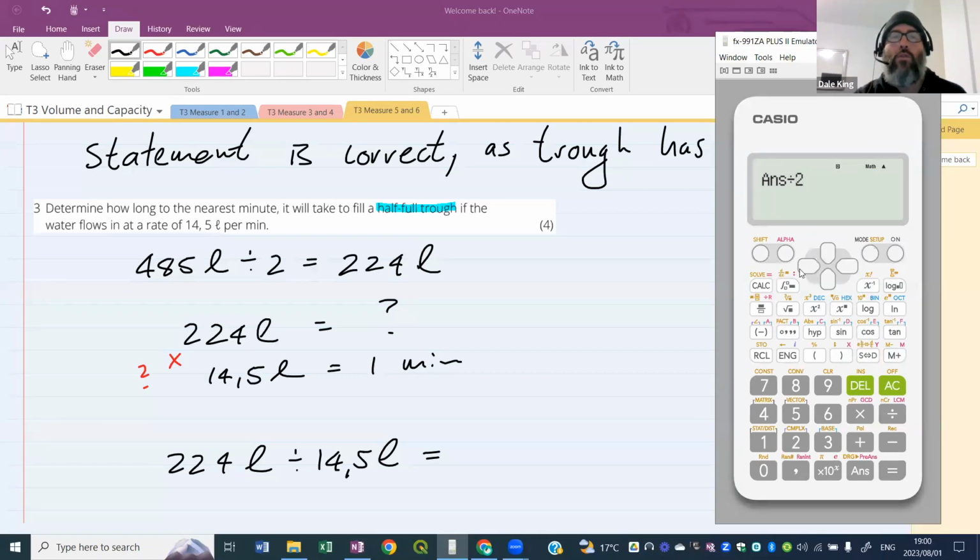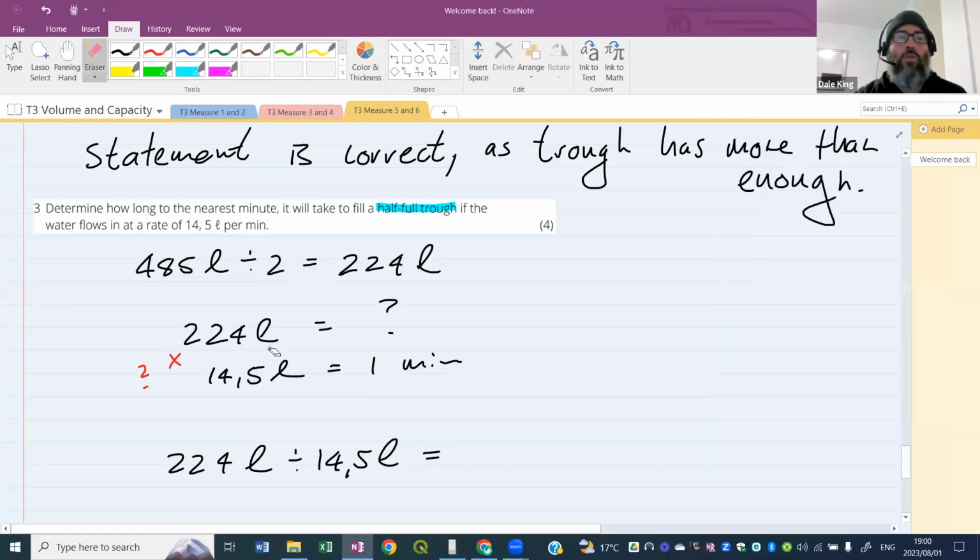Maybe I've got the 448 instead of the 485. Let me check. Yeah, I had the 448, my bad. Sorry, so it's 485. Thank you, Kajiso. 485 divided by 2. A correction there. So 242,5.